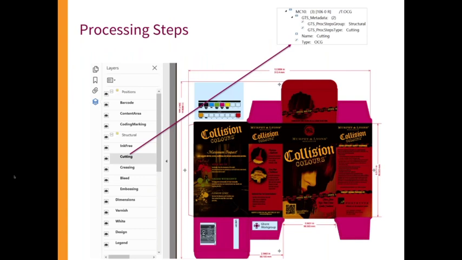What does processing steps mean? Well, remember we talked about layers before, and we talked about how we structure and standardize. So if you look on the left-hand side, that is what we're calling the layers, but they are also called optional content in the case of a PDF file. That's the technical term for what most people call layers.